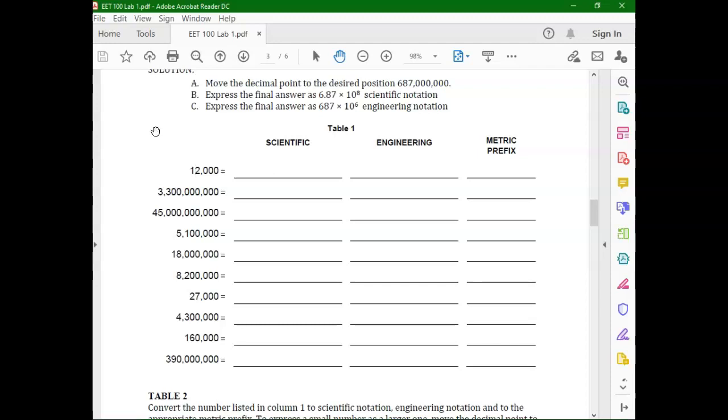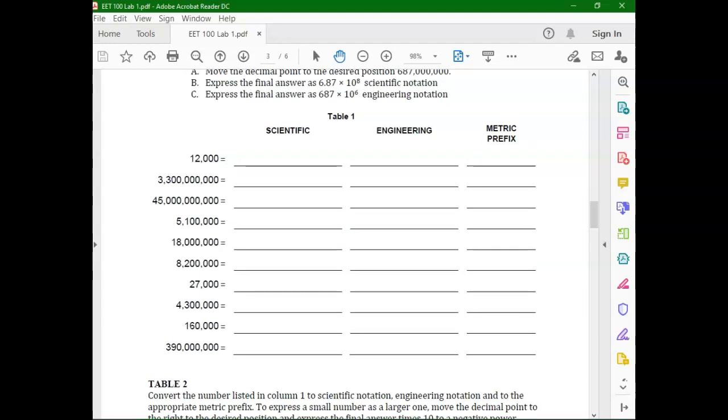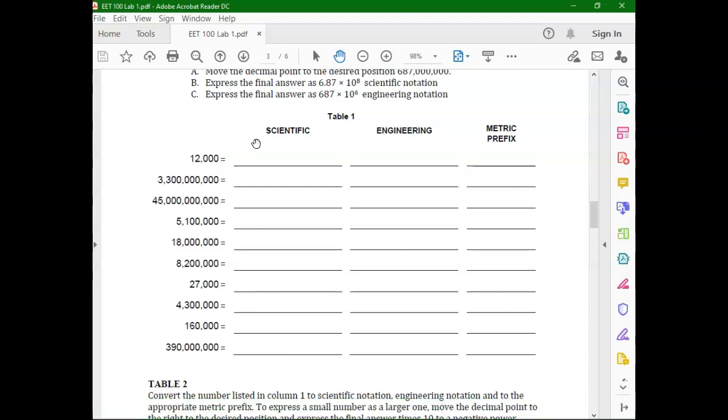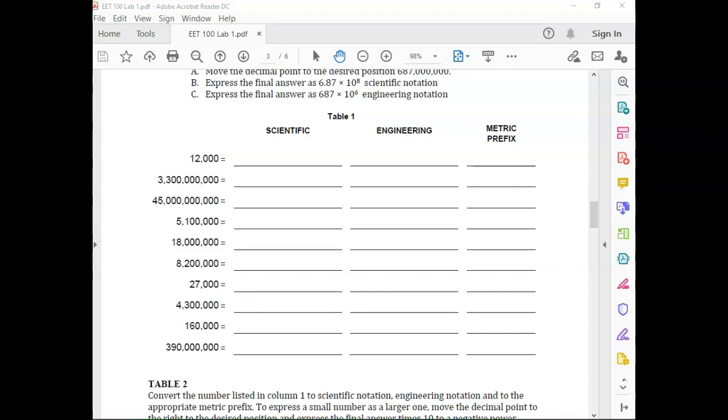For the first one, let me pull it up. I'm going to share a blank white board here.